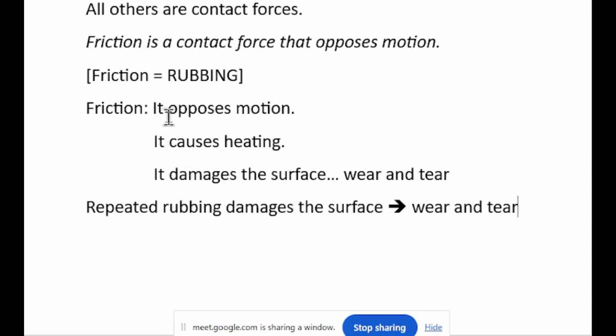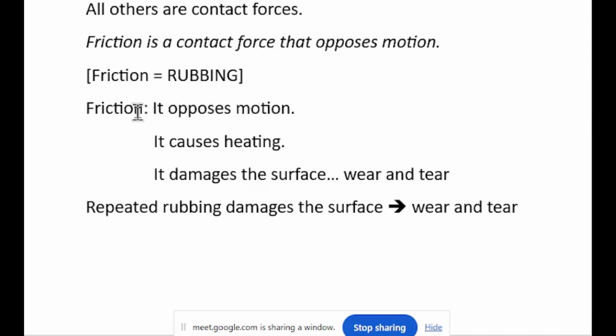So these are the 3 main effects of friction. Friction opposes motion, friction causes heating, friction damages the surface, that is wear and tear. 3 effects: opposing motion, heating effect, and wear and tear. The 3 main effects of friction between surfaces.